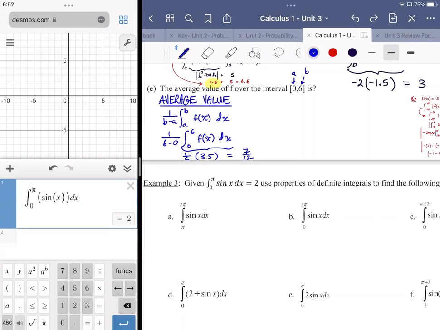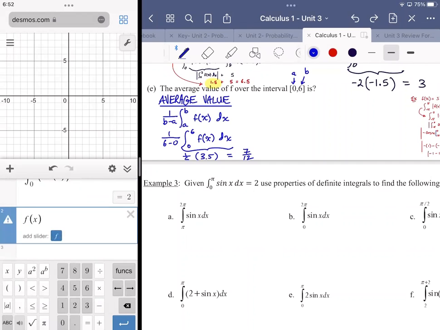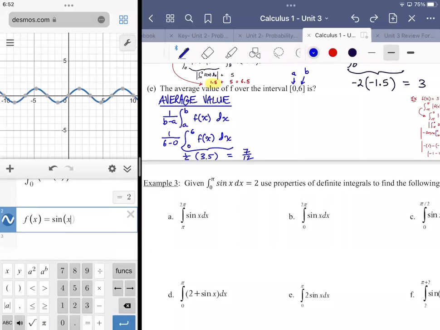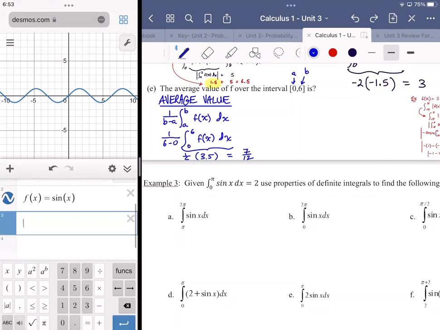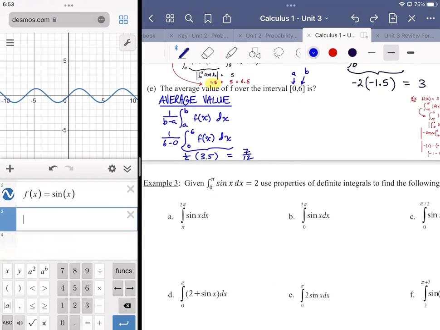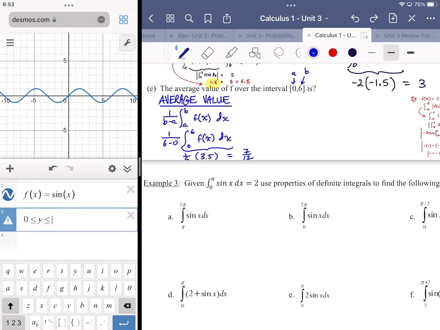All right, so in a periodic function, f of x dx, there's symmetry all over the place. Otherwise, it wouldn't be periodic, right? So over the interval of 0 to pi, we have an area of 2, right? So 0 less than or equal to y less than or equal to f of x.